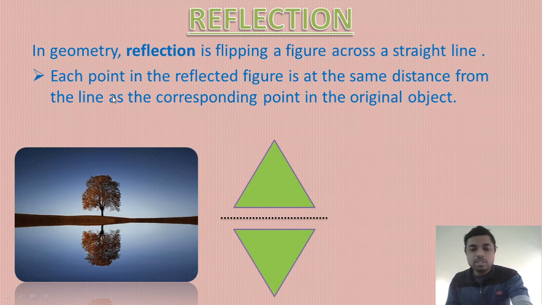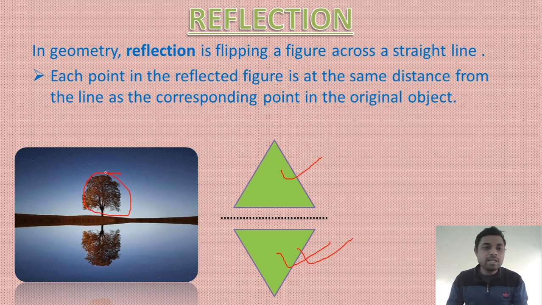Here you have to see this point. Each point in the reflected figure, that means this is the original figure and this is the reflected figure, the figure which you can see in the mirror, is at the same distance from the line as the corresponding point in the original object. So what does it say? Suppose this point, what is the distance from here to this straight line?